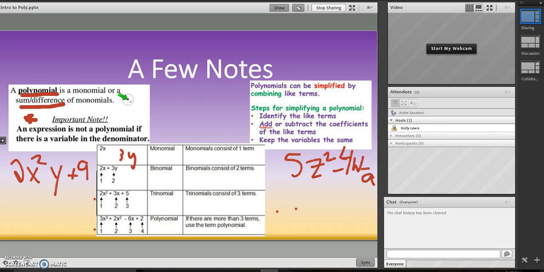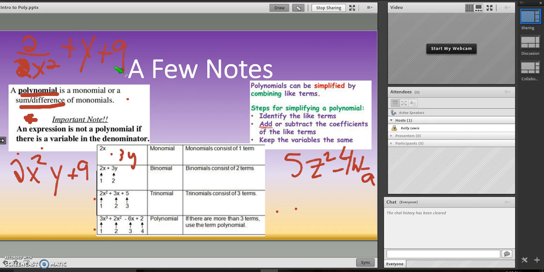So a polynomial is one or more terms, adding or subtracting. And you can't have a variable, which is a letter, in the denominator. So it couldn't be, for example, 2 over x squared, plus y plus 9.